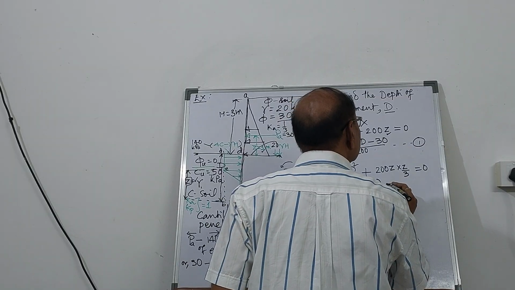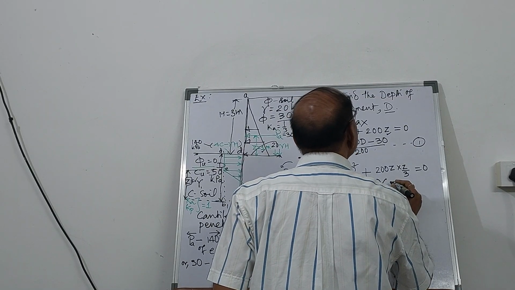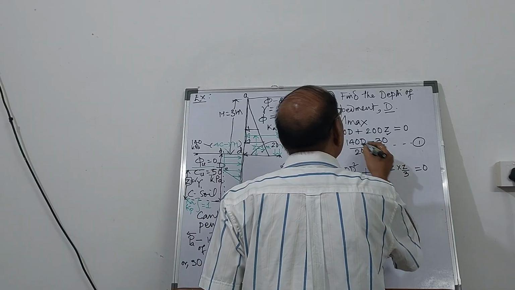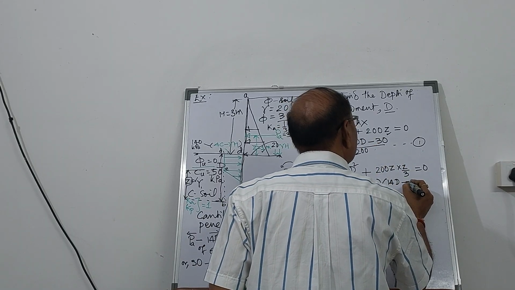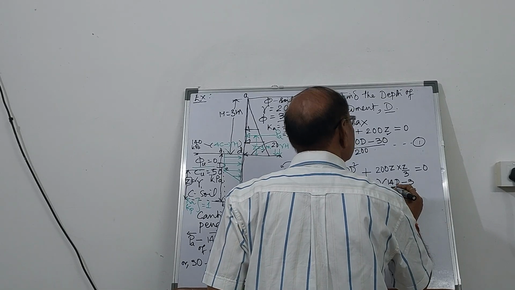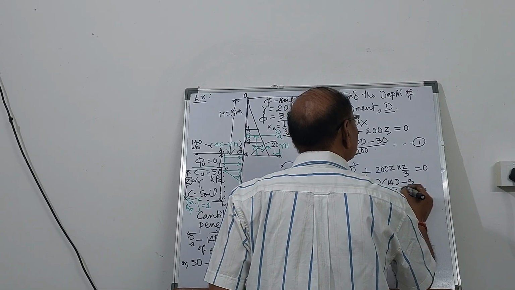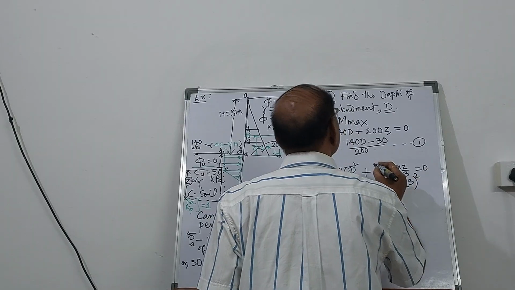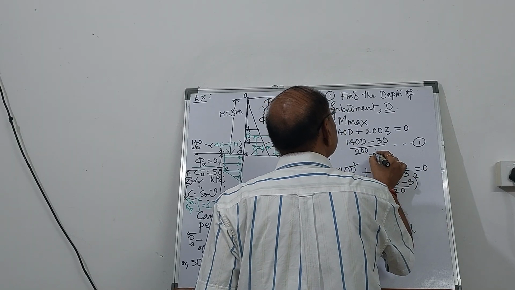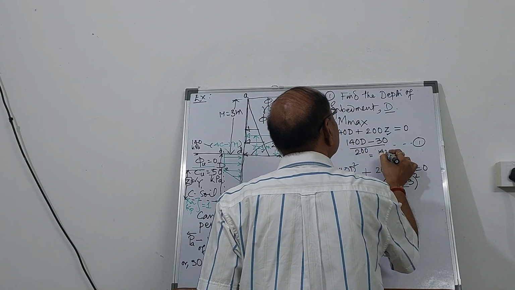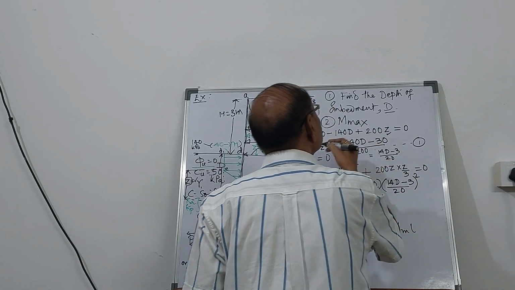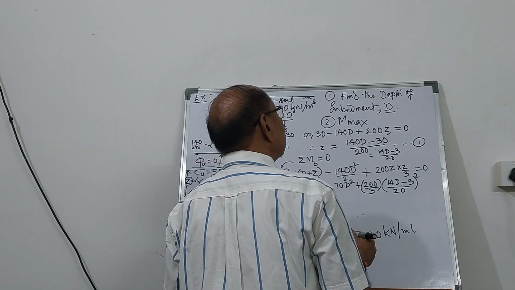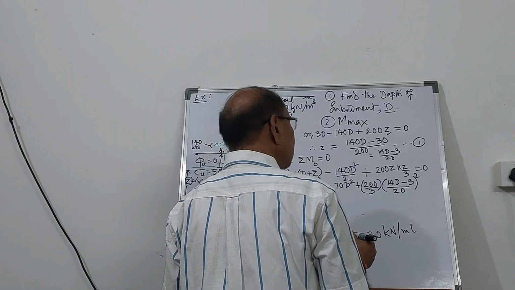Now Z is already here. From 1 you can substitute it as 14d minus 3 divided by 20 whole square. This can be simplified and written as 14d minus 3 divided by 20. 0 can be curtailed out.